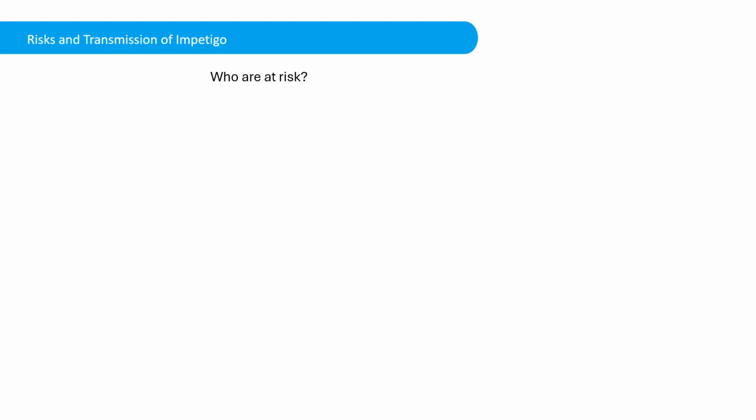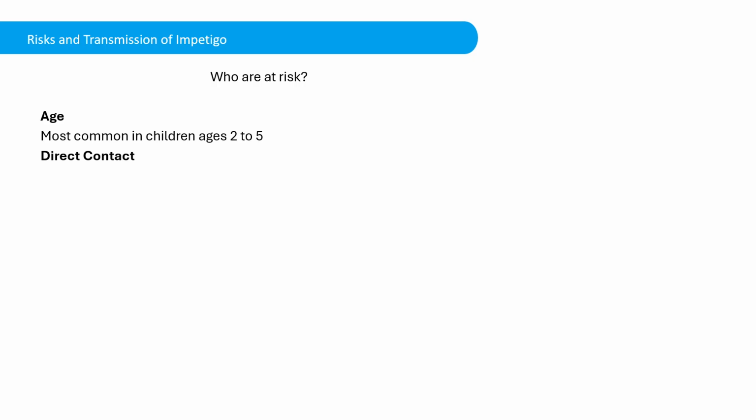Now we're going to be going into the risk and the transmission of impetigo. Okay, who is at risk? Mainly children ages 2 to 5 are the most common group associated with this disease, but this disease can happen to anyone no matter their age.